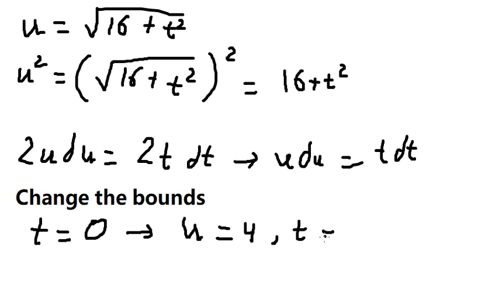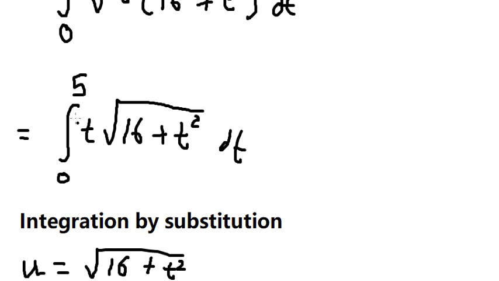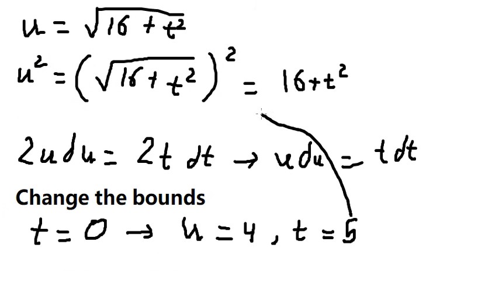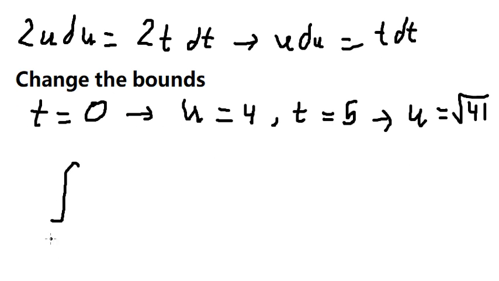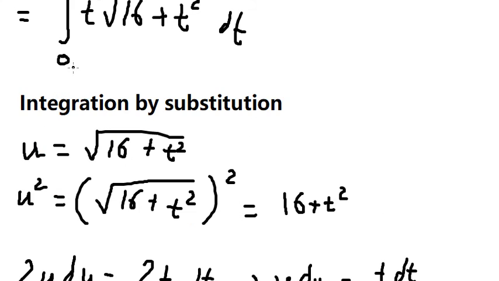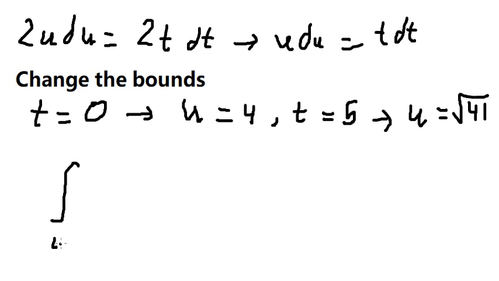When t equals 5, I will put 5 in here to find the value of u, and we have the square root of 41. So 0 we change to 4, and this one we change to the square root of 41.